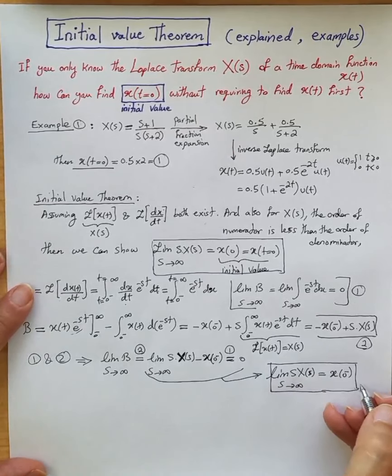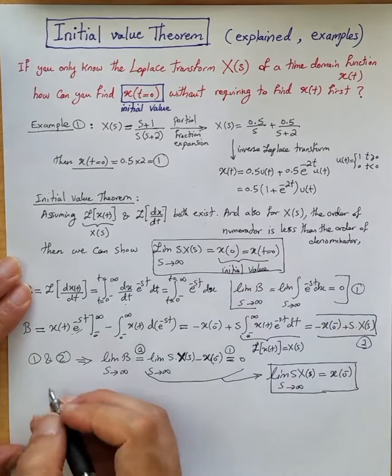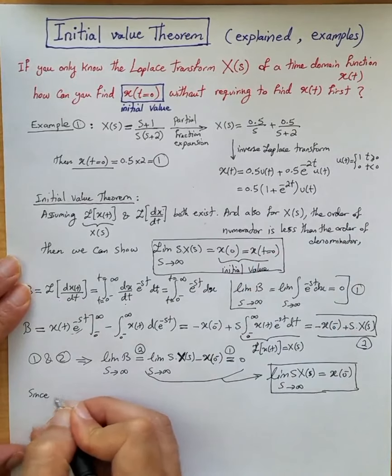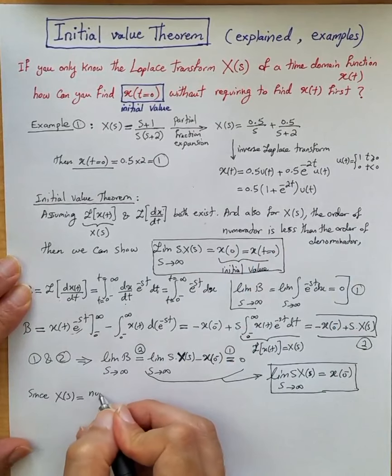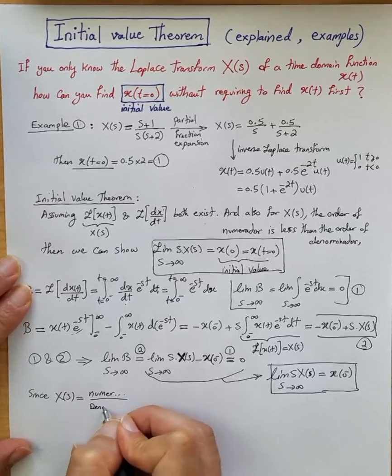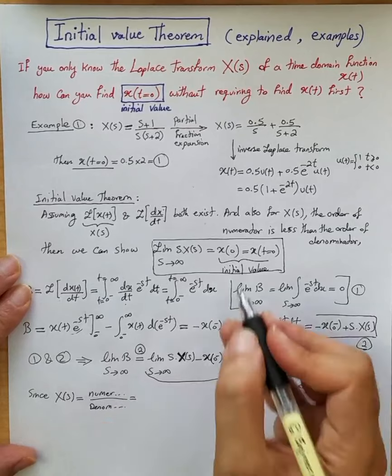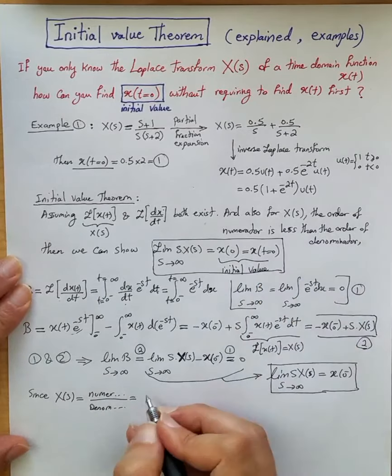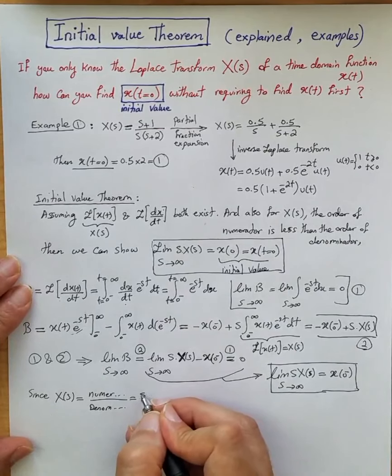Now the thing is, x of s in the s domain is in the form of a numerator and a denominator, and the order of the numerator according to the requirement is less than the order of the denominator. So the numerator is in the form of, for example, whatever coefficient you want to apply to it.